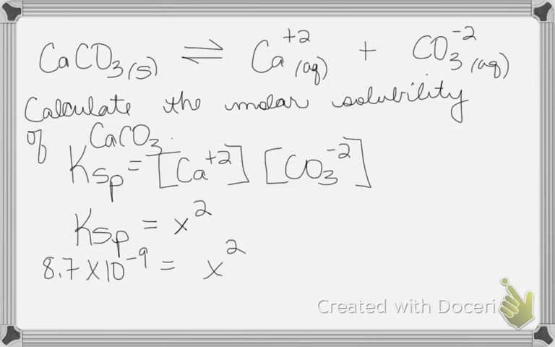Set it equal to X squared. Solve for X. What do I do to solve for X? Square root of both sides. And so X is equal to what? 9.3 times 10 to the minus 5 molar. My negative got lost.